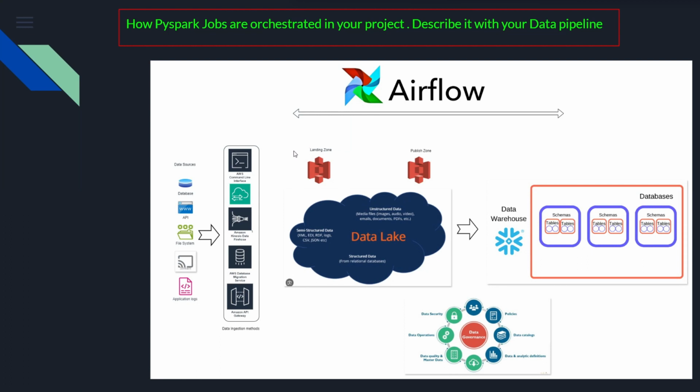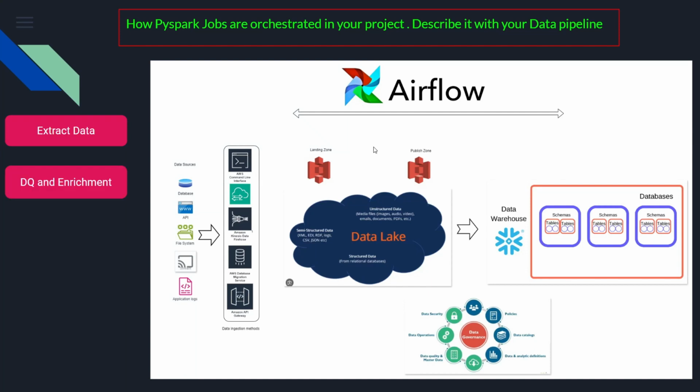And after that, we will be running a job, basically a PySpark job, which will extract the data from the S3 landing zone, and it will apply the DQ and enrichment and any other pre-processing things, if your organization requires them to be performed.